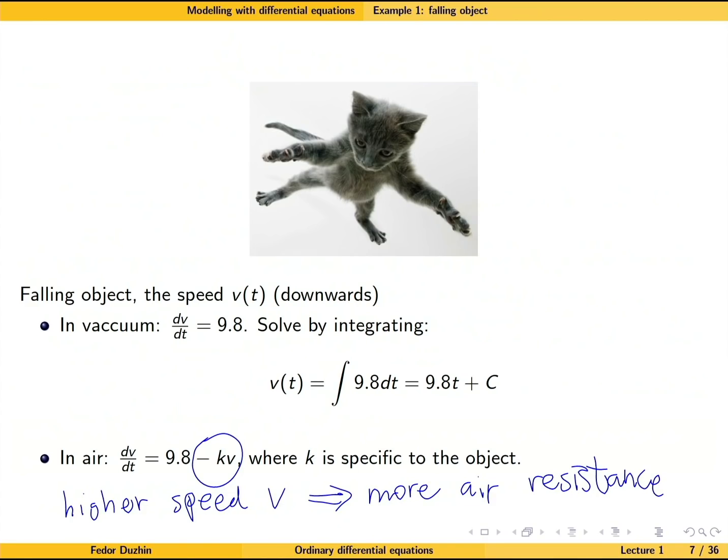And more air resistance means that our falling object accelerates slower. And this is how such a differential equation may look.